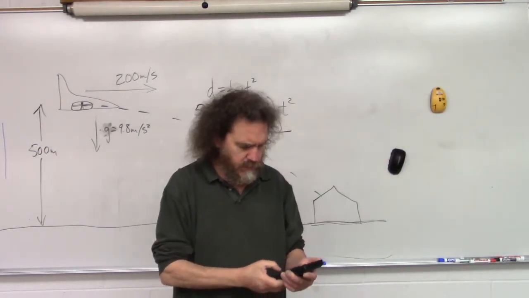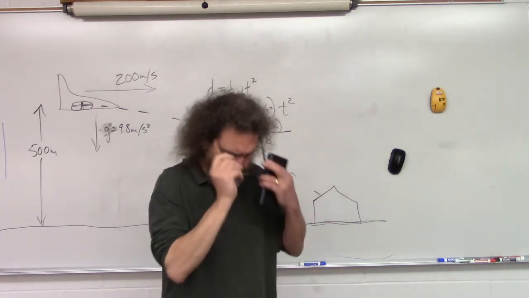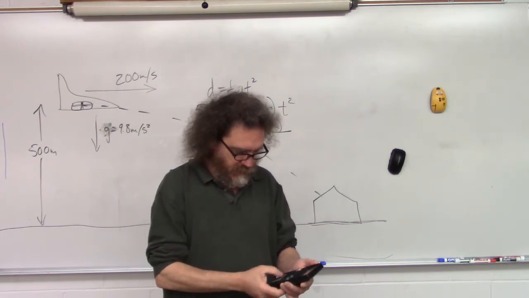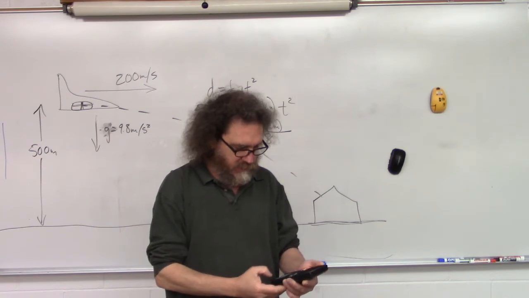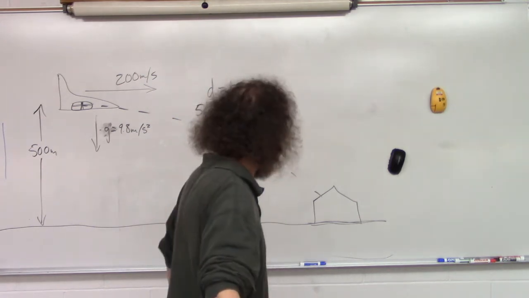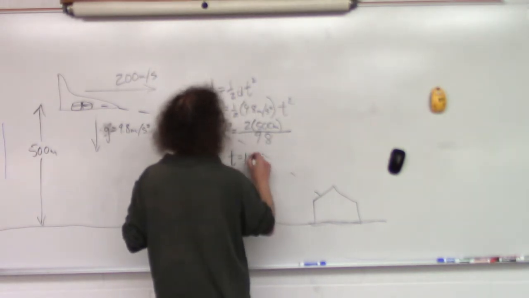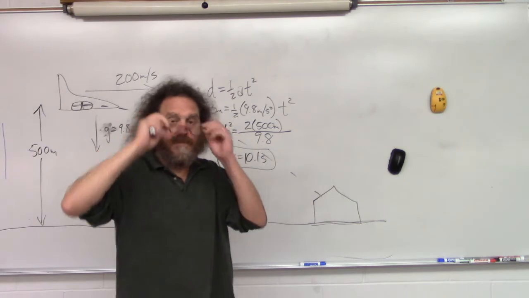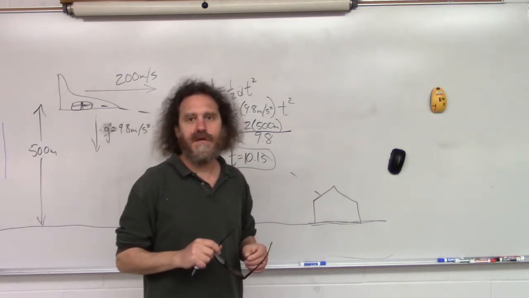So 1,000 divided by 9.8 is 102, and then take the square root of that. So it's 10.1 seconds. In other words, if an object is 500 meters off the ground and you drop it, it's going to take 10.1 seconds to hit the ground.